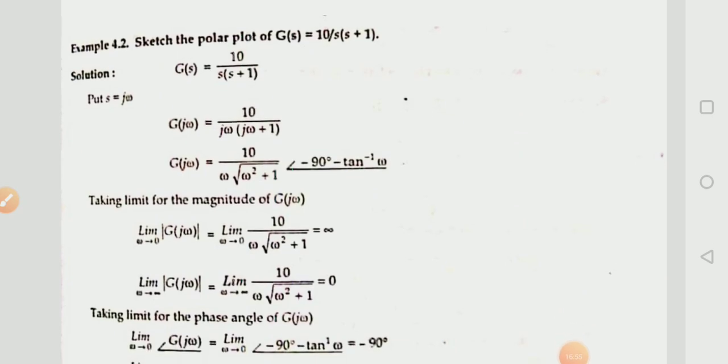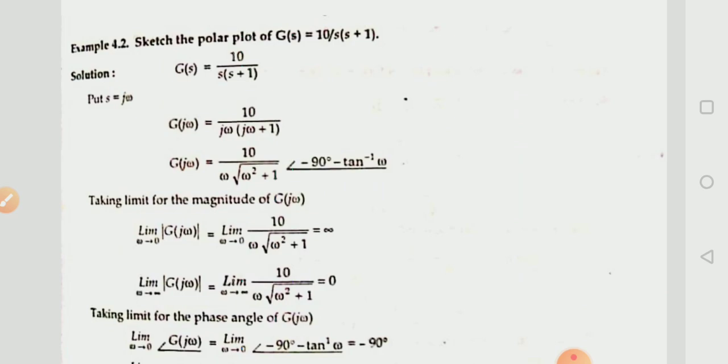Now the next question is sketch the polar plot for G(s) equal to 10 over s into (s plus 1). Now at first we are putting j omega at the place of s. So we put j omega at the place of s.